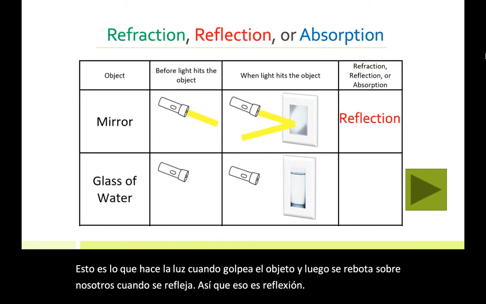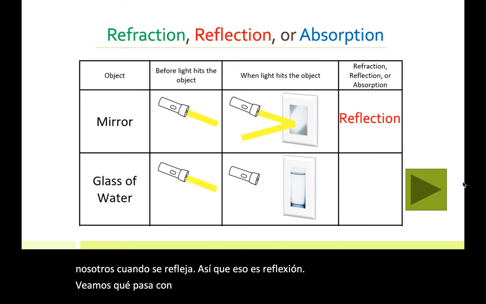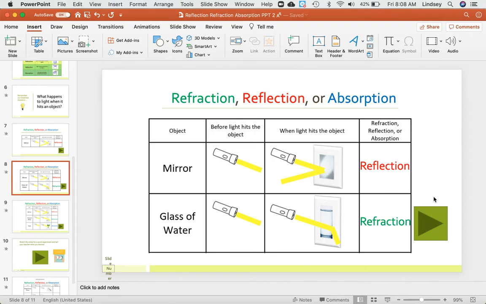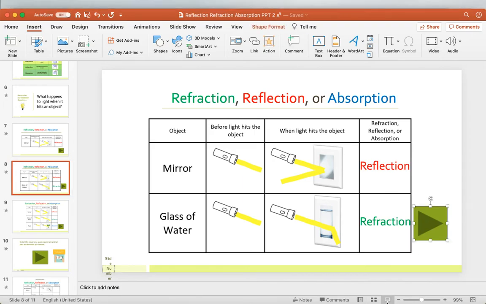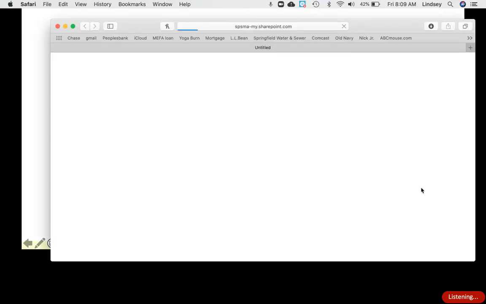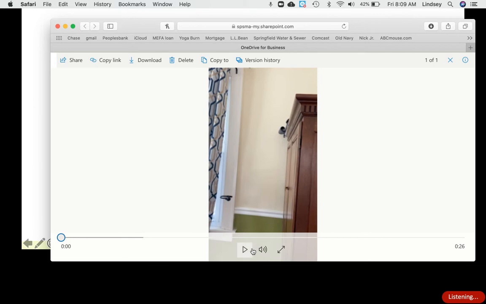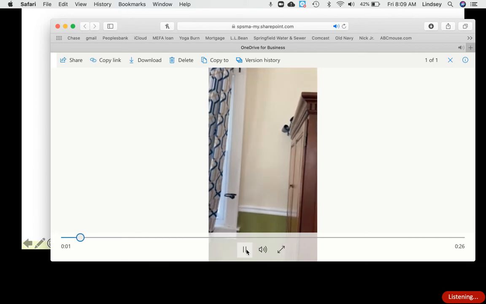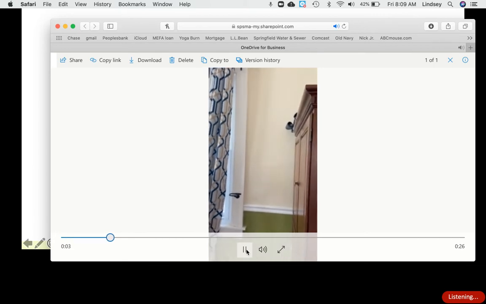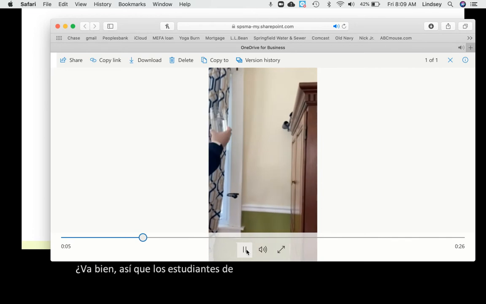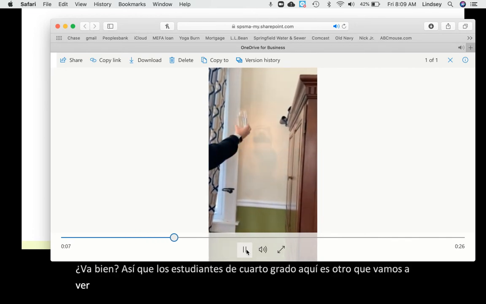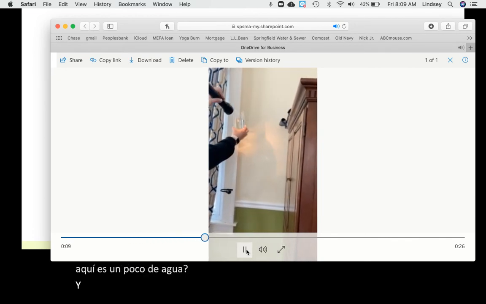Let's see what happens with a glass of water. Okay, fourth graders, here's another one we're going to look at. Here's some water, and I'm going to put the flashlight towards the water.